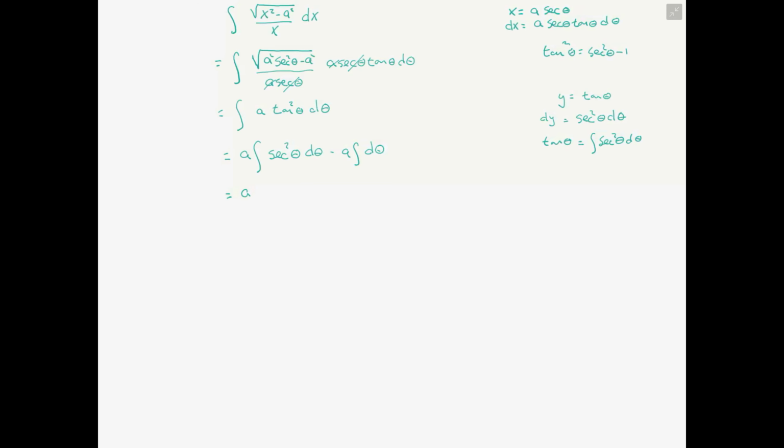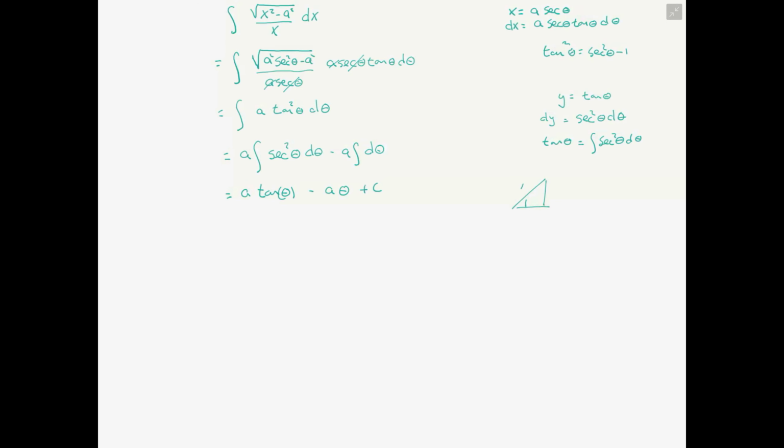So now we plug back into our original what the solution is. I elected to, okay, so I put in tangent theta minus a theta plus c, and now I have to go back to our original variable.